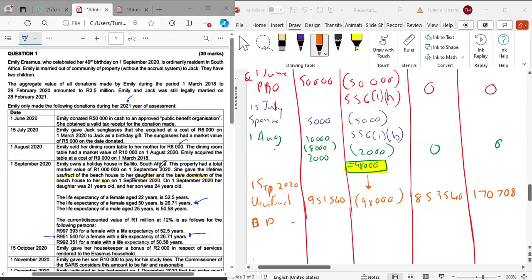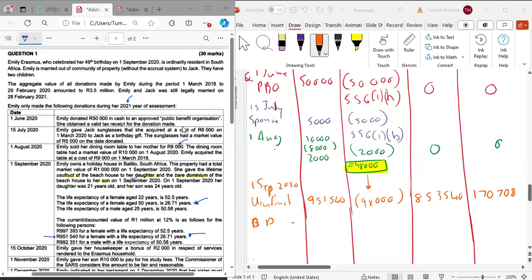Now the bare dominion. Who are we electing? Rosalind, are you there?